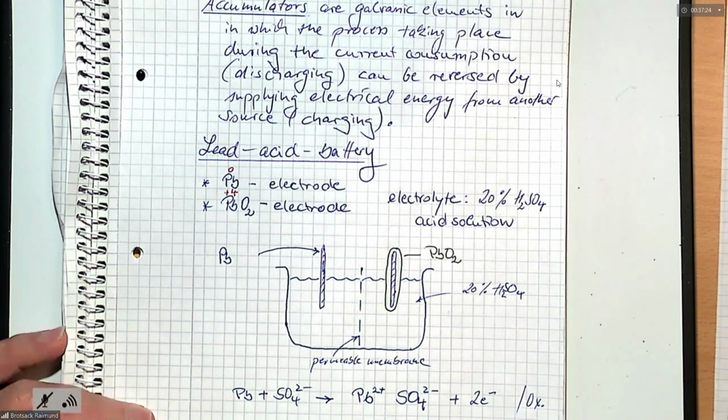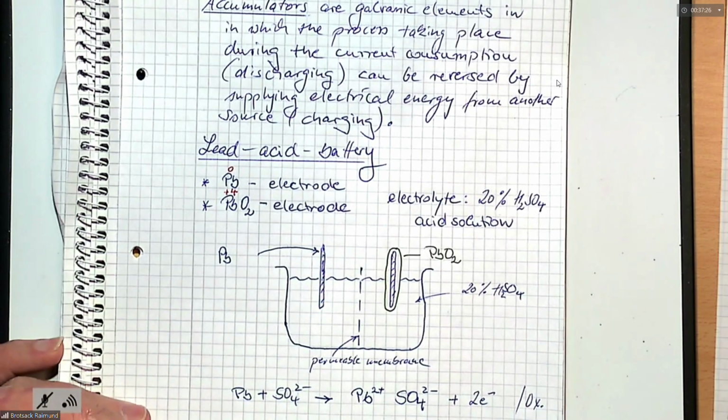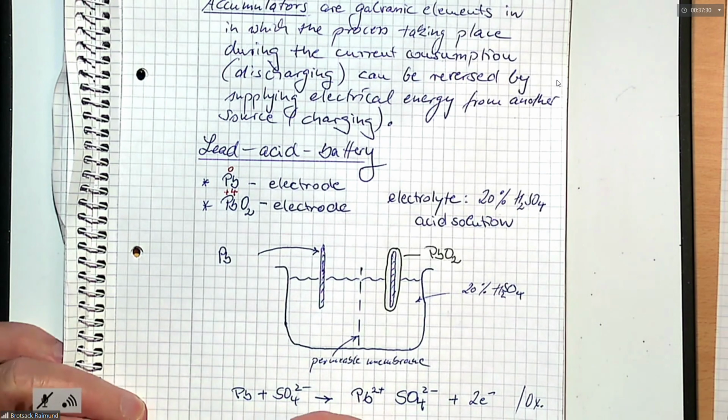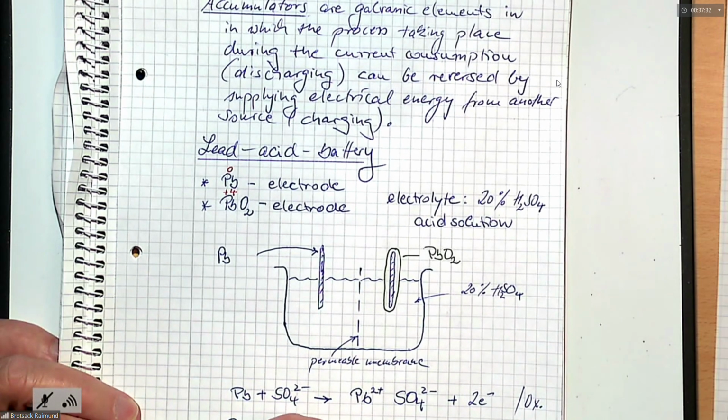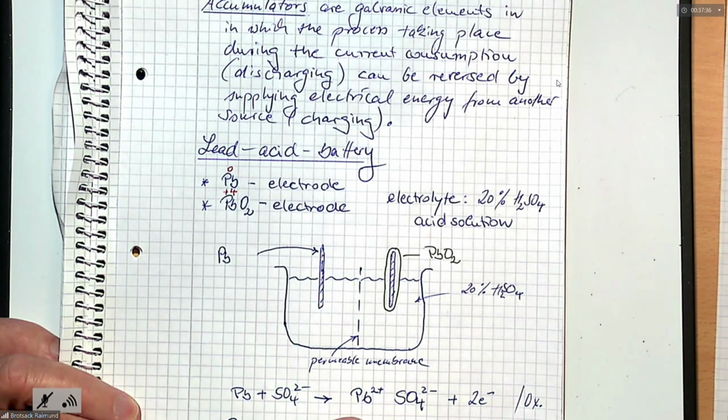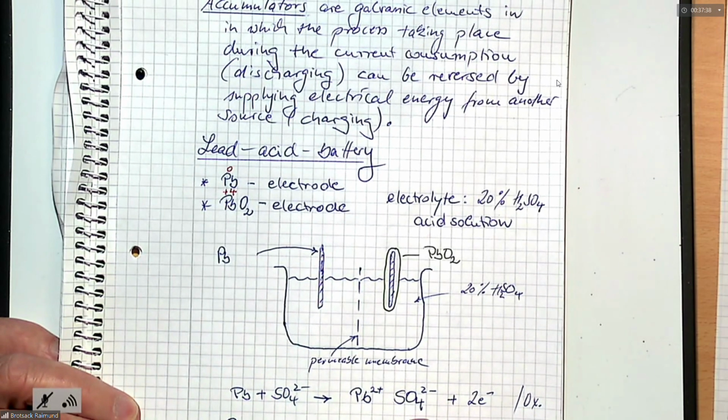And what will be reduced? The PbO. So we have the lead oxide, and even here we will have the formation of PbSO4.